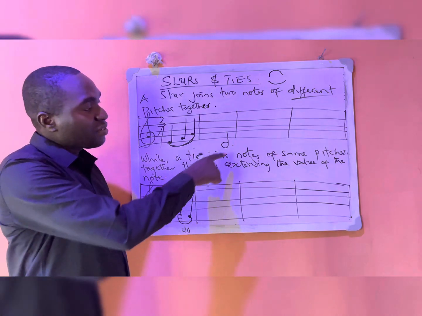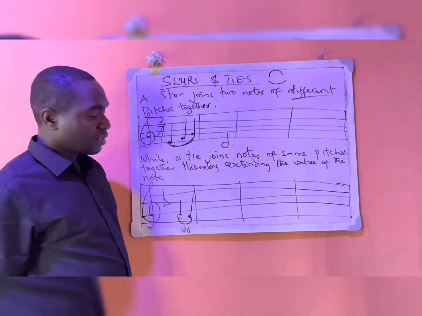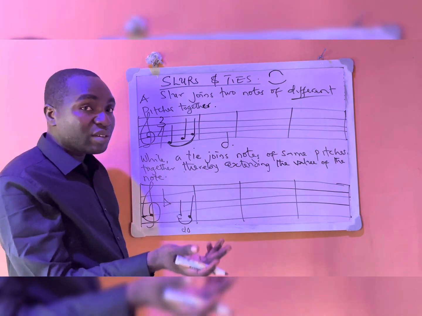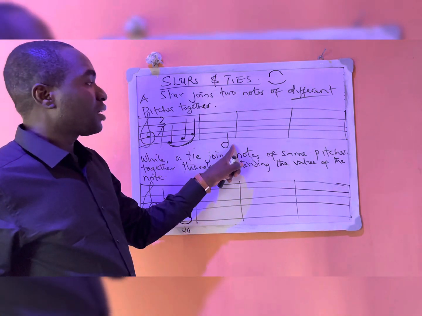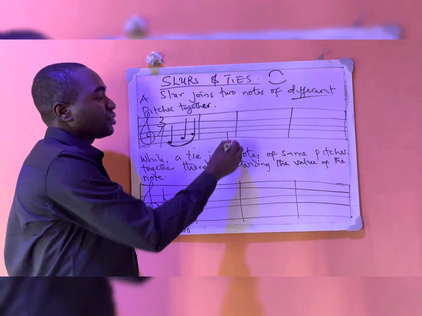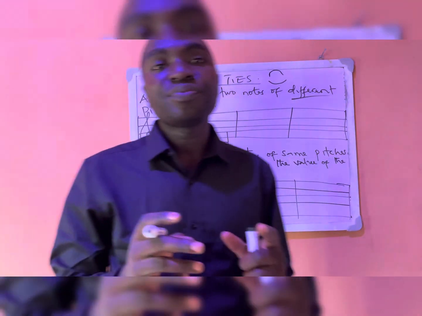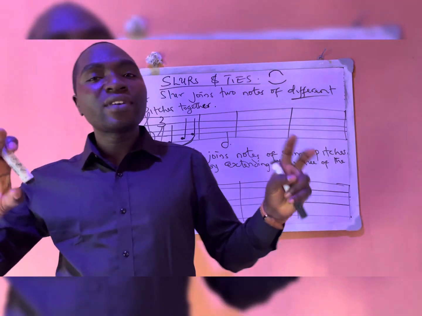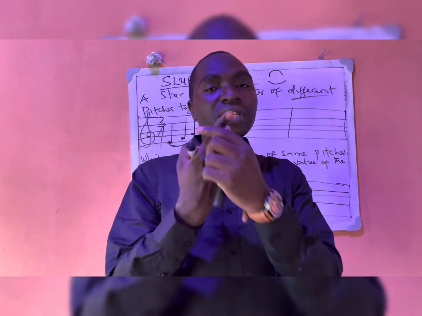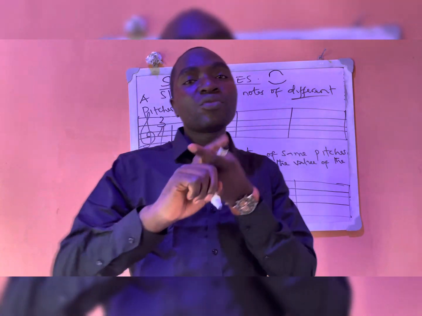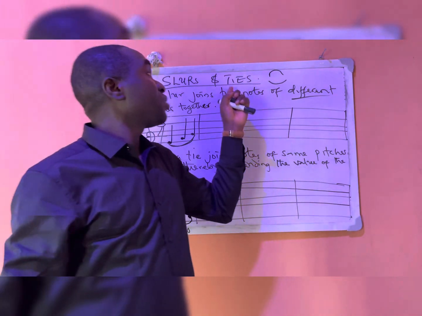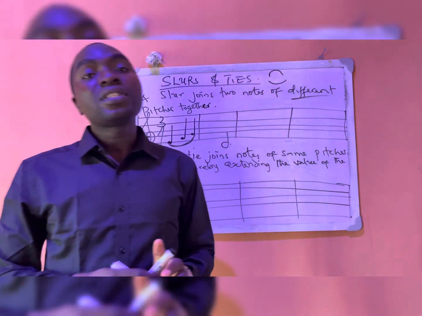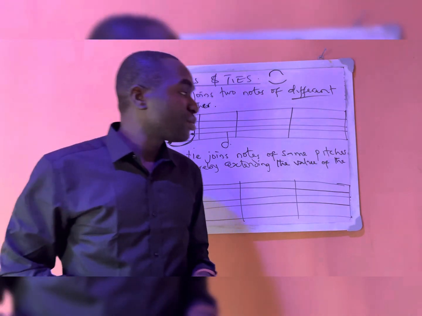This one is serving the purpose of a dotted note. So a tie in most times functions as our dotted note. It joins notes of the same pitch together to extend the value of that note. Those notes become 1. It marries them together. That's the difference between a slur and a tie. So that brings us to the end of this class. Thank you.